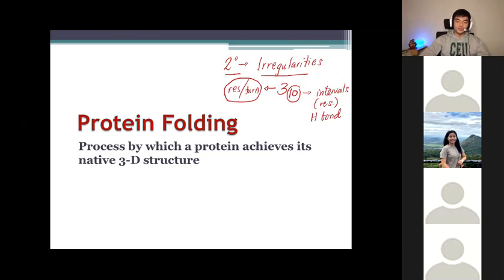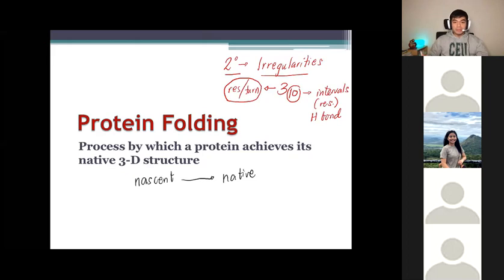At this juncture, we are going to start discussing the process called protein folding. This is defined as the process by which a protein achieves its native three-dimensional structure. I told you yesterday that protein folding is the process wherein a nascent polypeptide is being folded or improved para maging native conformation siya.